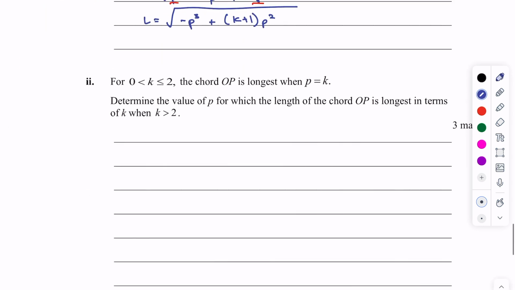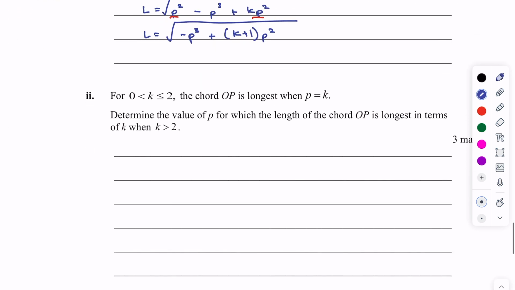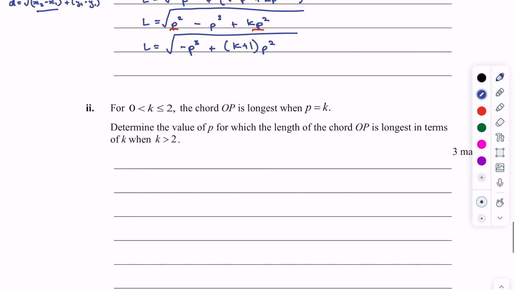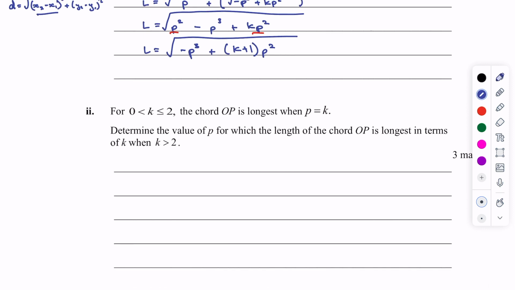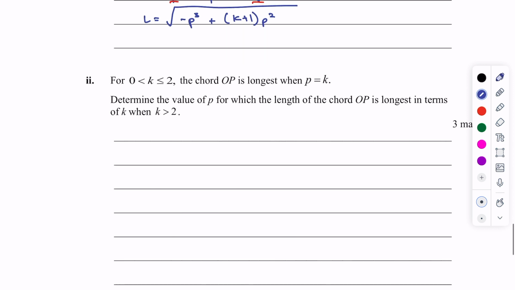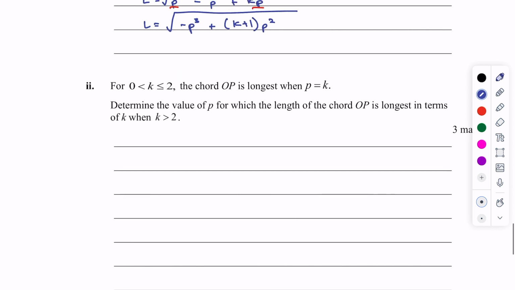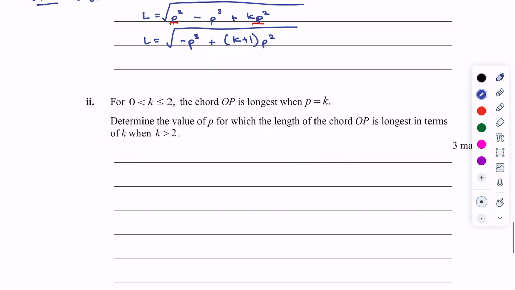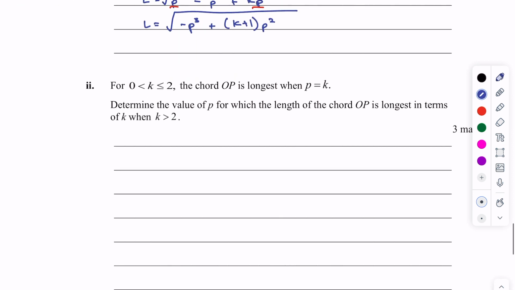Then it says for k between 0 and 2, the chord OP is longest when P equals K. Determine the value of P for which the length of the chord OP is longest in terms of K when K is greater than 2. So this is an optimization problem.